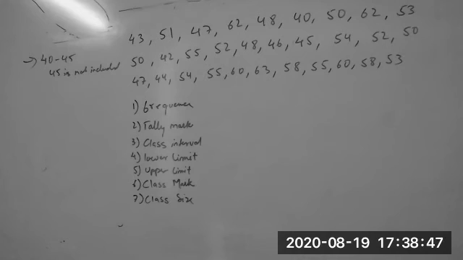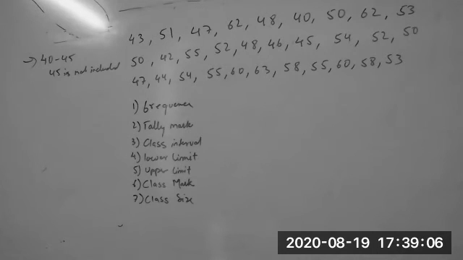Sir, I didn't understand lower limit and upper limit. Upper means the higher one. Lower means the smaller one.